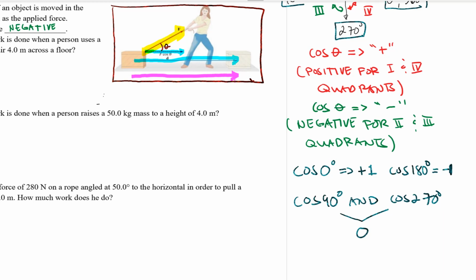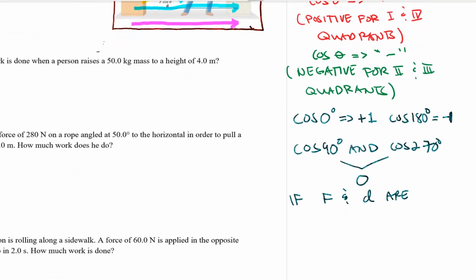So this tells you that if F and D are perpendicular, work is equal to 0. So automatically work is equal to 0.